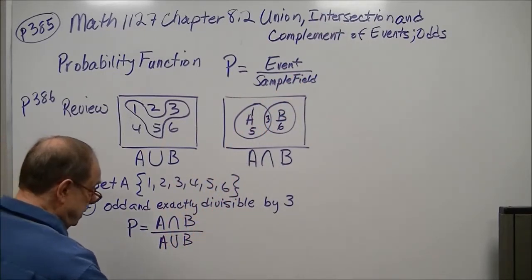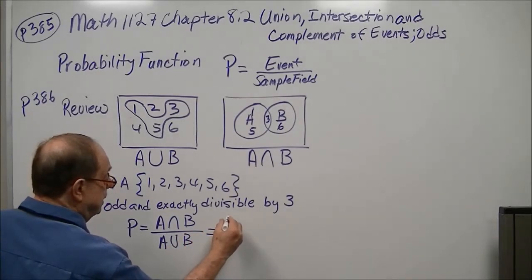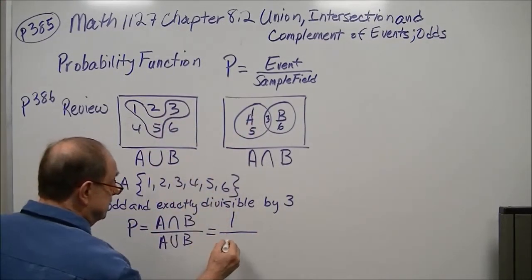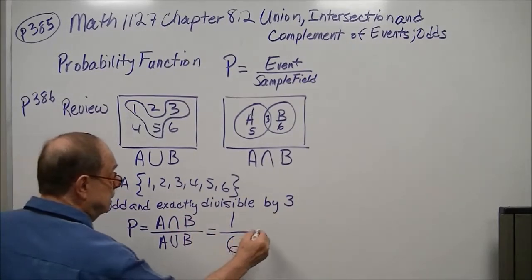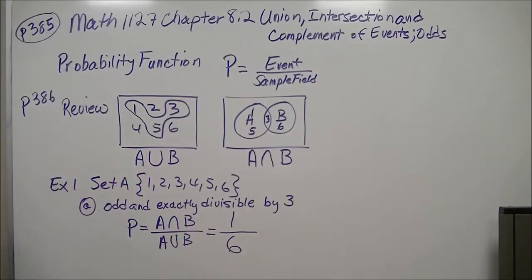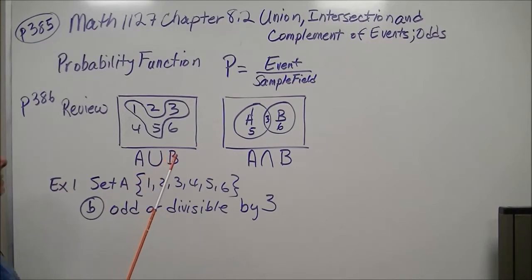So this would be then 1 over the 6 possibilities in your original field, and your probability then is 1/6. And by the way, we are rolling a die here, a single cube with 6 sides, an honest die.